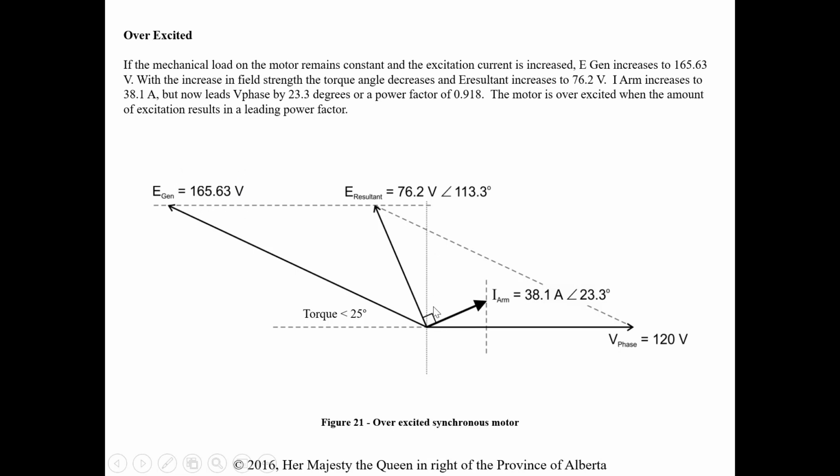So it's larger now, so it pulls the resultant off of the 90 compared to the normal excitation, pulls it into this quadrant, which will pull the current, compared to being at unity, into a leading scenario because this value of voltage is high.